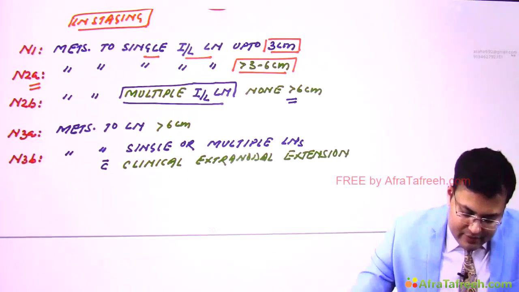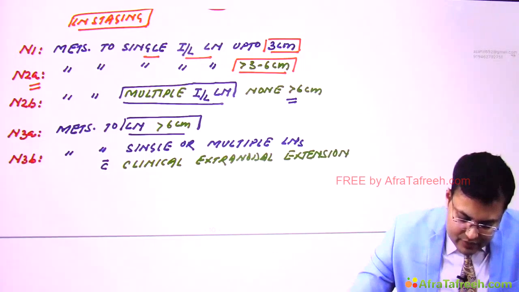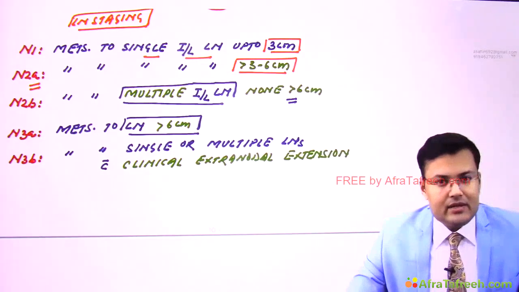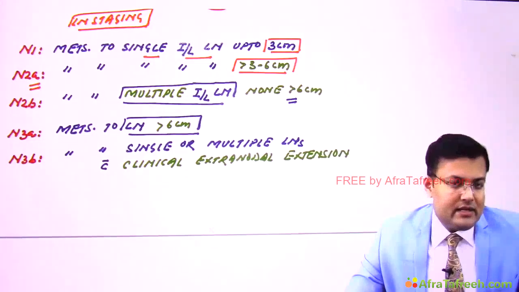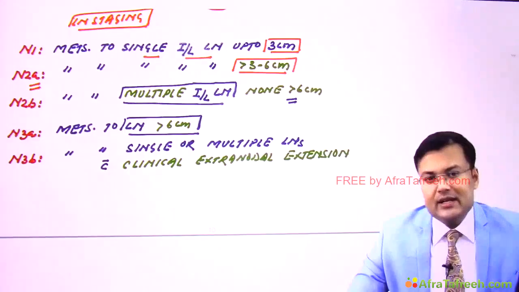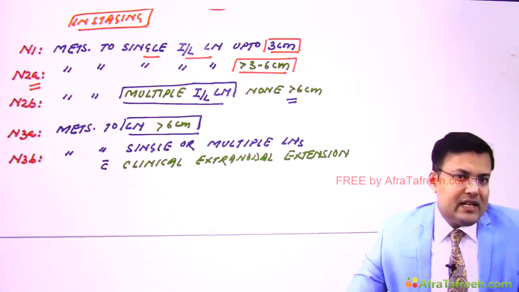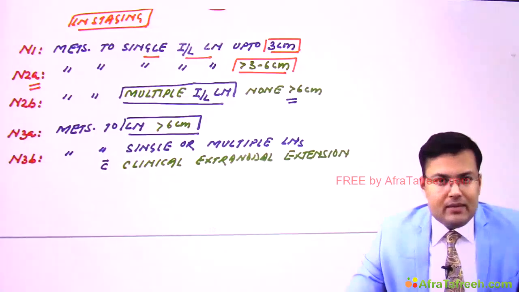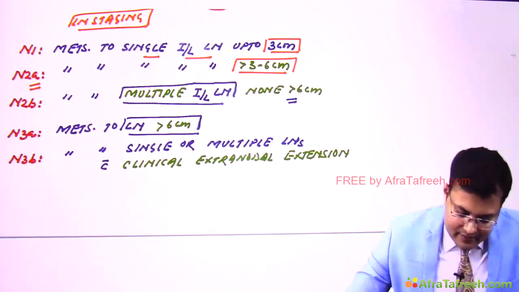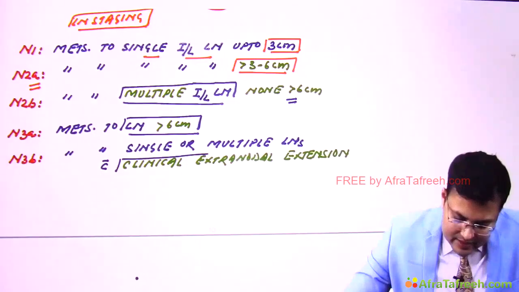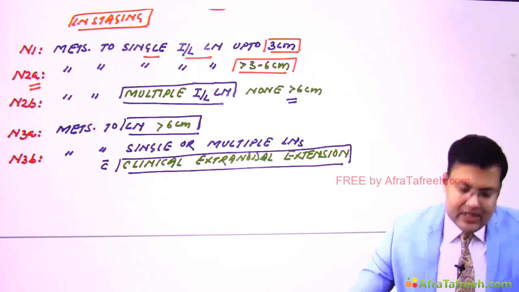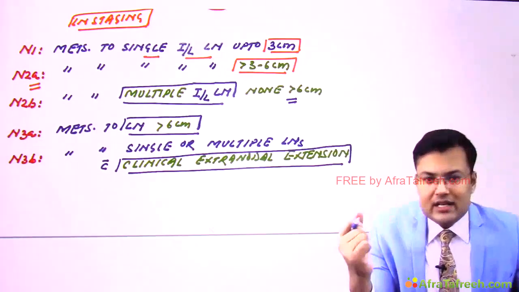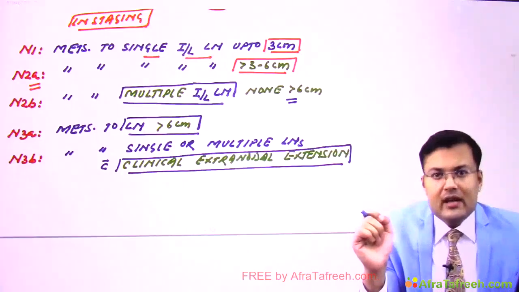In N3A, the size of the involved lymph node is more than 6 centimeter. And what is N3B? Whether there is metastasis to single or multiple lymph nodes doesn't matter, if there is clinical extranodal extension, it is included in N3B.